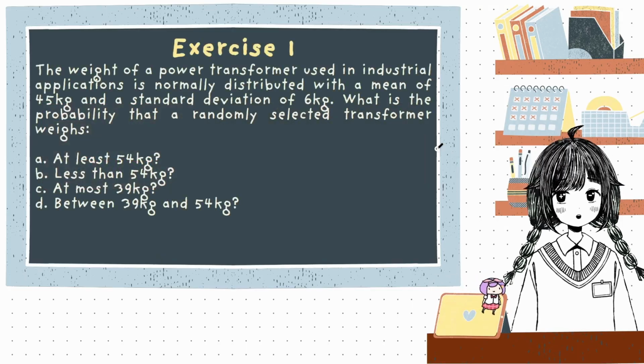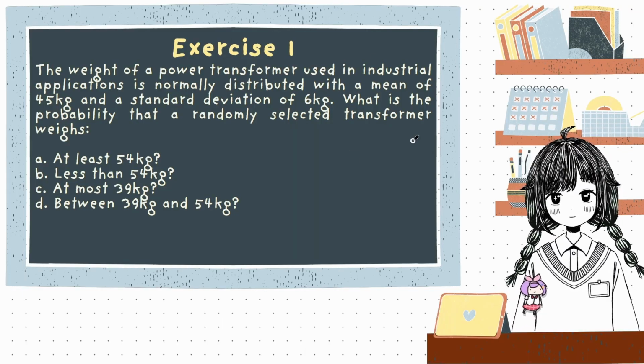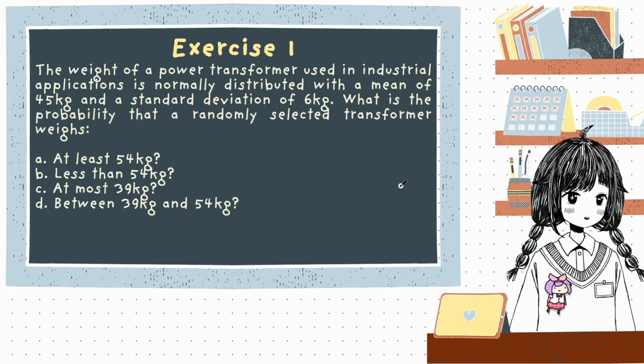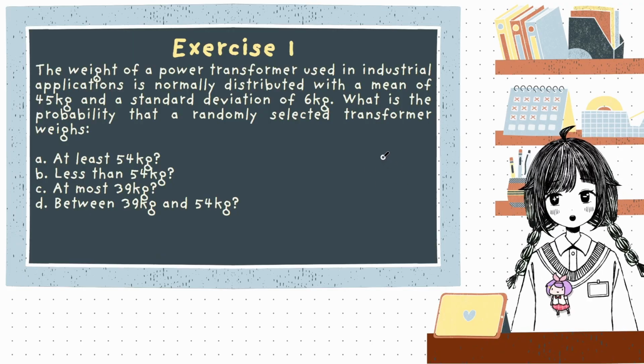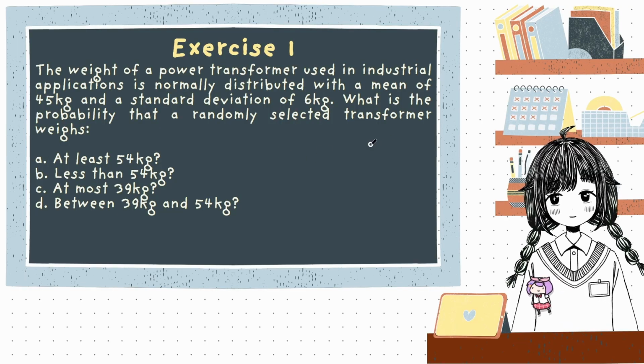All those explanations can be confusing, so let's just start applying them. We look at exercise 1, nothing too complicated, very straightforward in fact, just to familiarize ourselves with normal distribution.